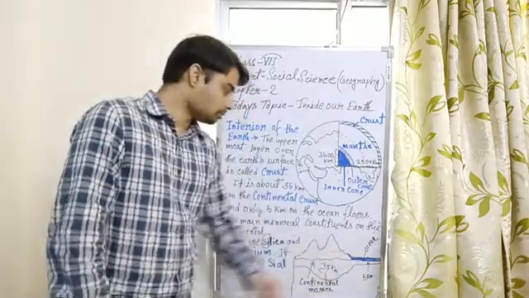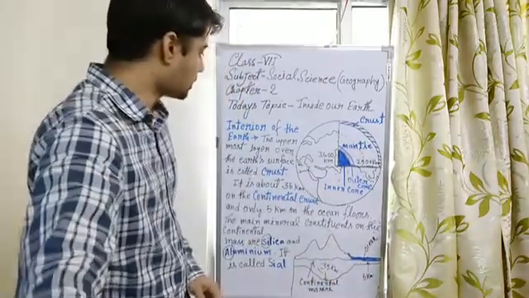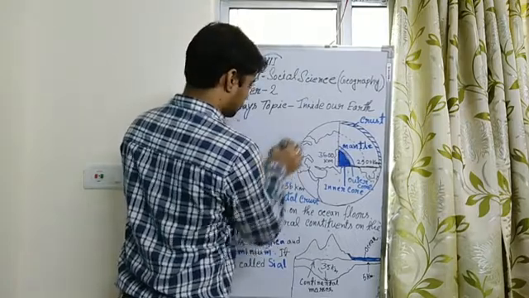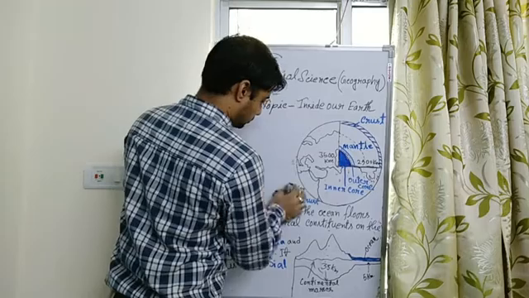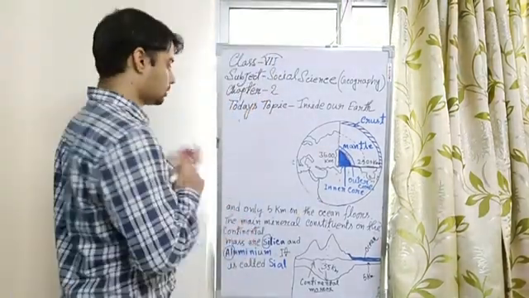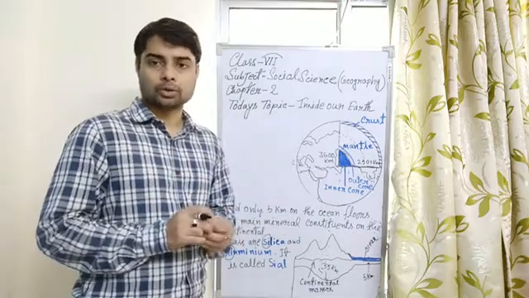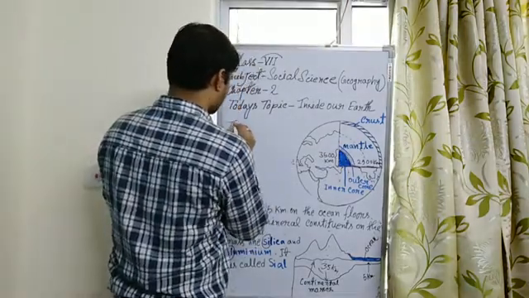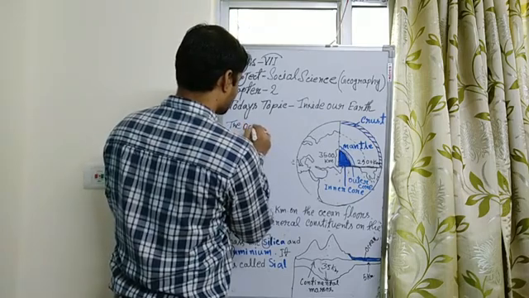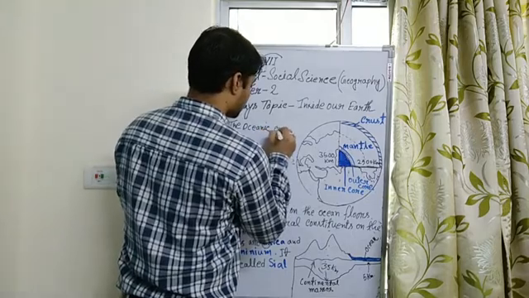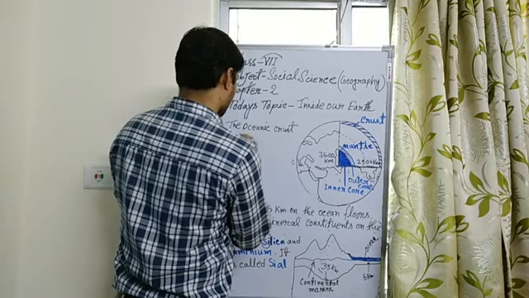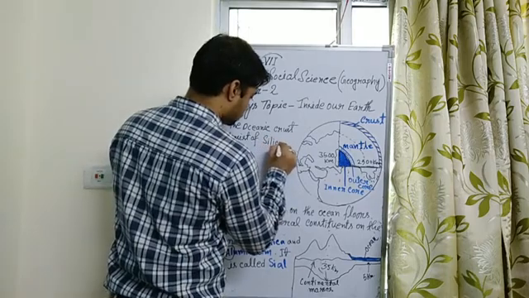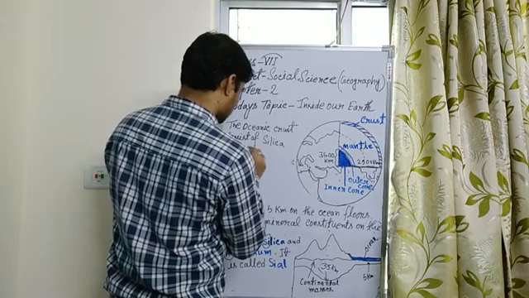Now what is the name of the oceanic crust? The oceanic crust consists of two types of minerals: silica again, and magnesium.